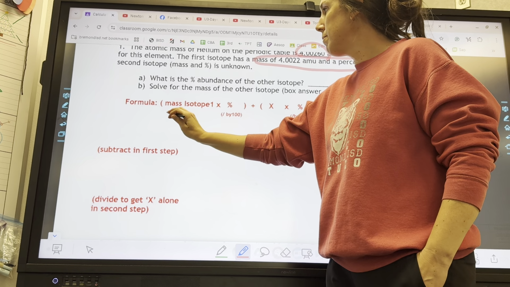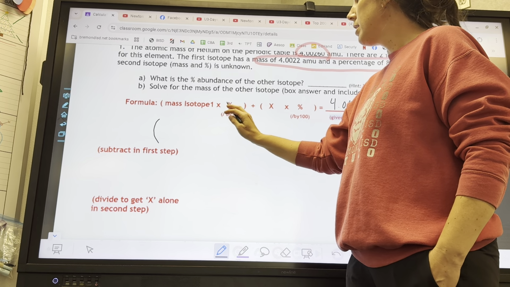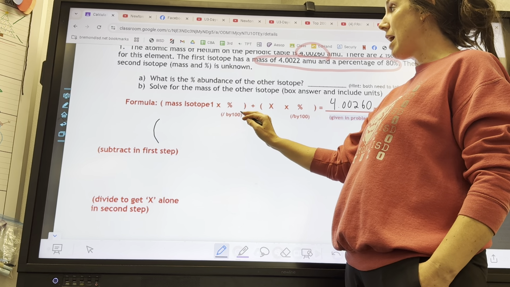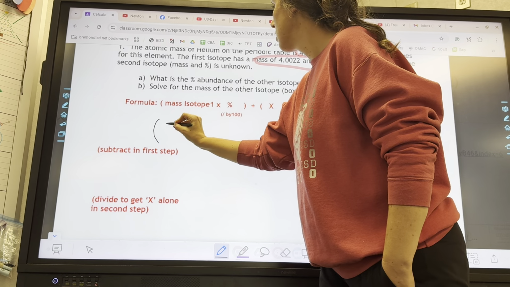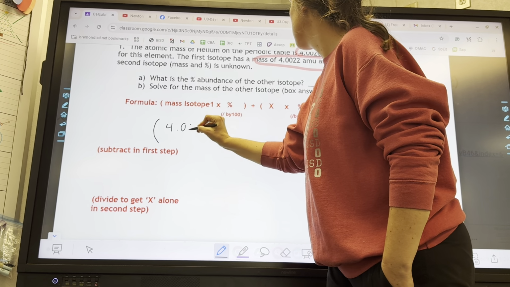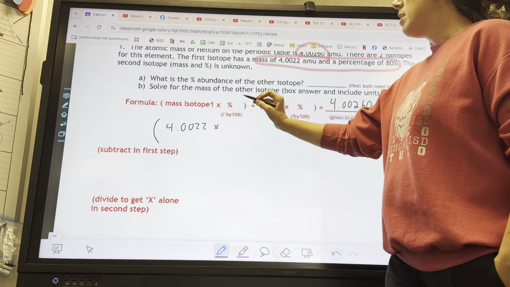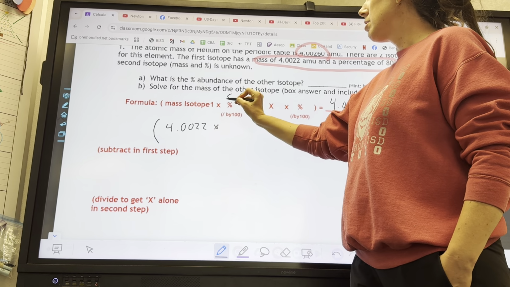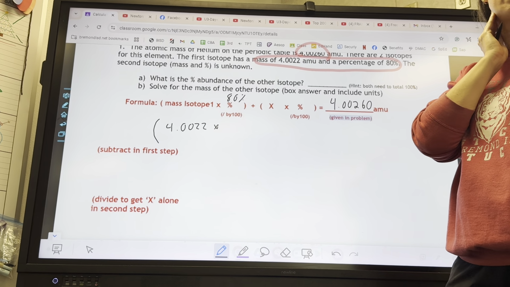So our formula, it's going to be the mass of the first isotope times the percentage divided by 100, okay? So they gave us the mass, 4.0022, and we multiply it not by the percentage, 80%, we have to convert it, divide it by 100.